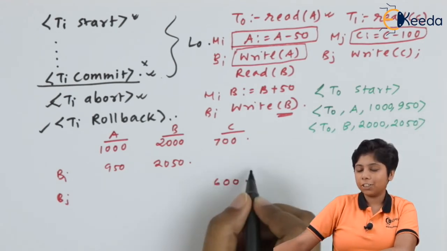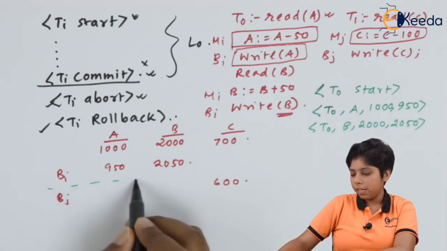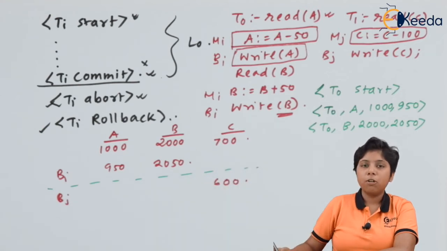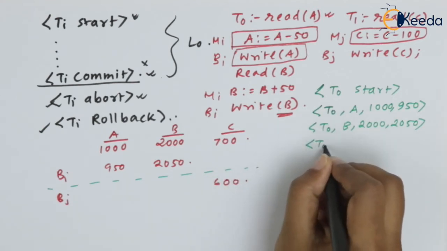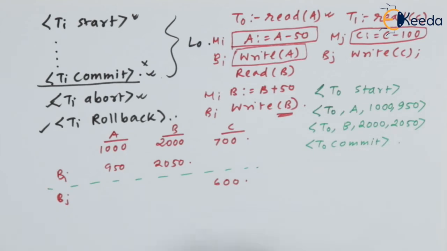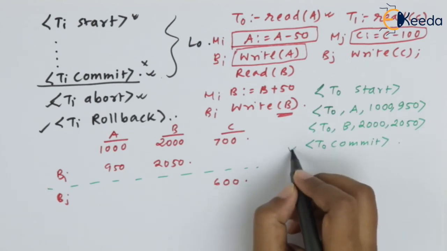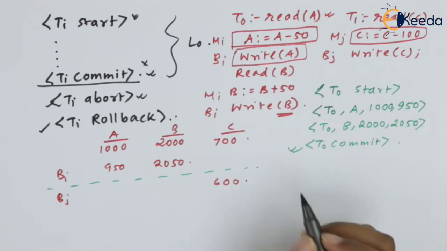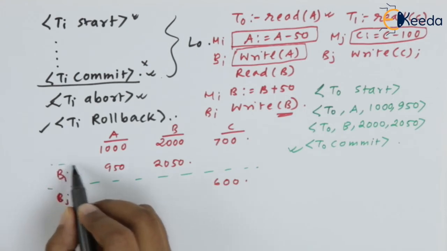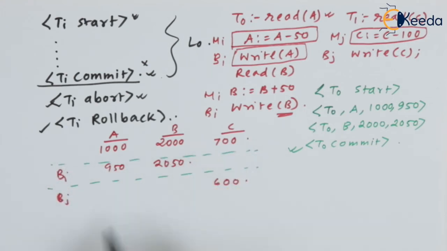After that the transaction has been committed, that means the BI has been written. Now when the log is having T0 commit, that means it is just having this BI written to its original portion. Till now the database has not been modified.